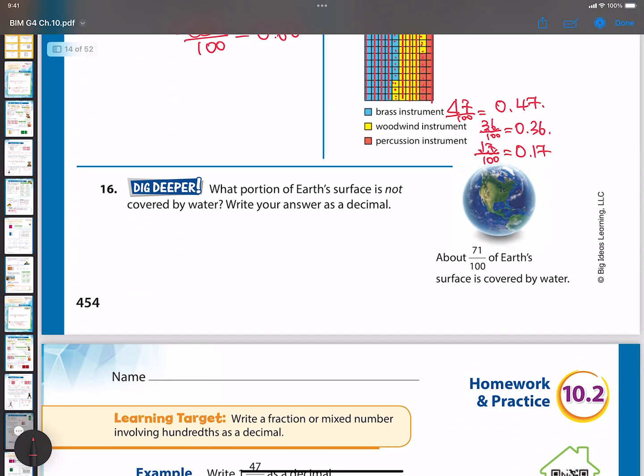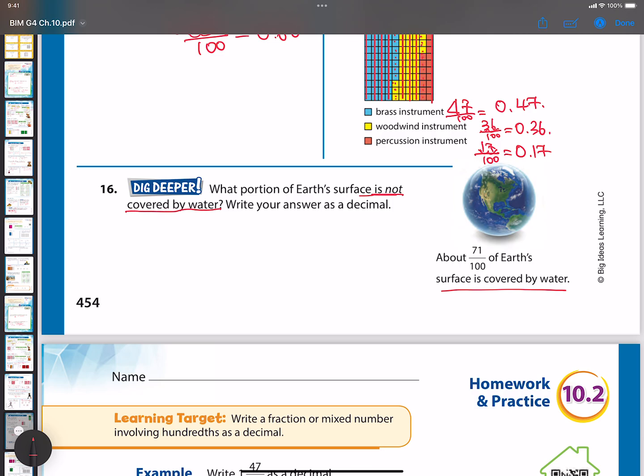All right, dig deeper. What portion of Earth's surface is not covered by water? Write your answer as a decimal. About 71 hundredths of Earth's surface is covered by water. All right, so what portion is not covered by water?